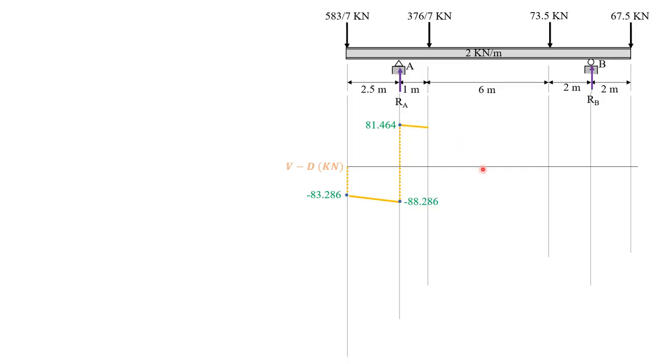Then 79.464 minus this concentrated load, 376 over 7, expressed in decimal, gives 25.75. Then minus 2 times 6, so minus 12. So it will be 13.75, constant decreasing.